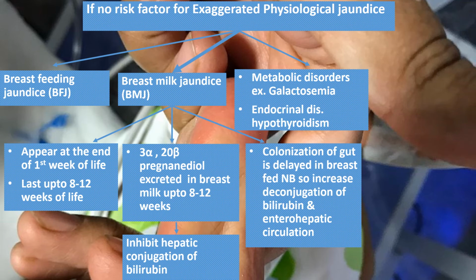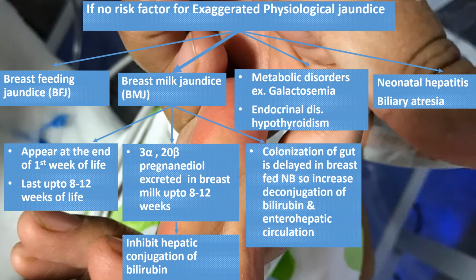If you find that the newborn has a raised TSH level of more than 20 and all other characteristic features of hypothyroidism, then it can be the cause of the hyperbilirubinemia. In hypothyroidism, both direct and indirect hyperbilirubinemia can be seen.